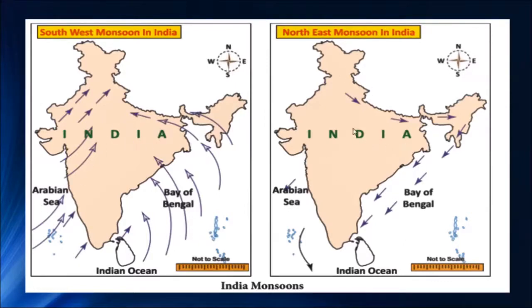And the northeast monsoon means it is coming back toward the Bay of Bengal and the Arabian Sea, coming towards the south side. So this is for your reference, children.